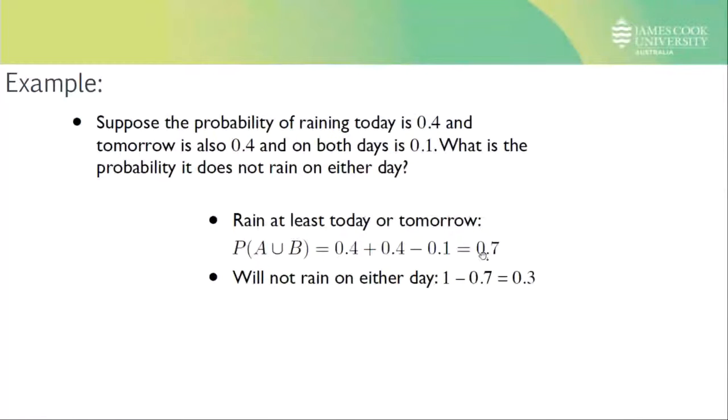This is 0.7, the probability of rain at least today or tomorrow. So if we subtract this from 1, we get the probability that it will not rain on either day. This is how we calculate this kind of real-life scenario.